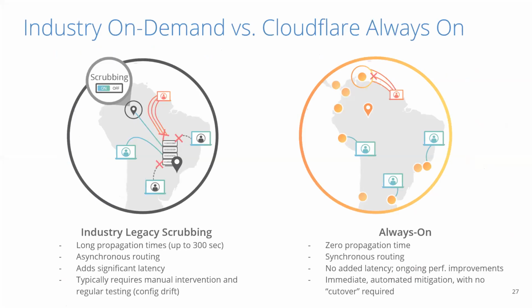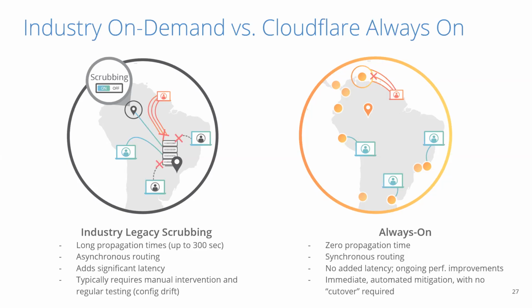So how does Cloudflare mitigate DDoS attacks in comparison to the industry standard? The industry standard of DDoS attack mitigation is using a scrubbing center. What happens when there is an attack when an existing prospect is using a scrubbing center?